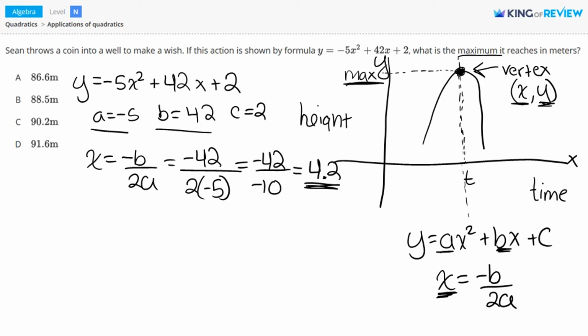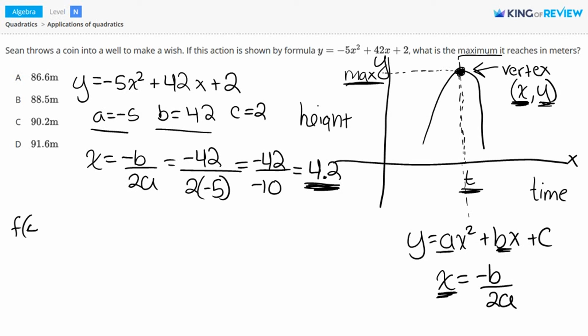So 4.2 is the x-coordinate of the vertex, and it represents the time at which the coin reaches the maximum height. Now we'll plug this value, 4.2, into the original equation.